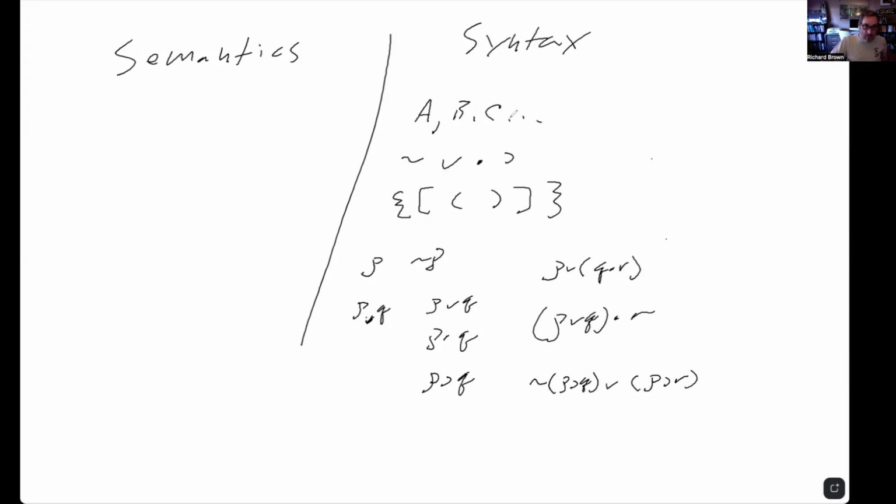And then we looked at some ways to translate English sentences into these arrangements of symbols. And then when we were asked what the meaning of these things is, what we said is that A, B, and C, etc., stand for propositions. And propositions can have truth values. And the truth values for classical logic are true and false.